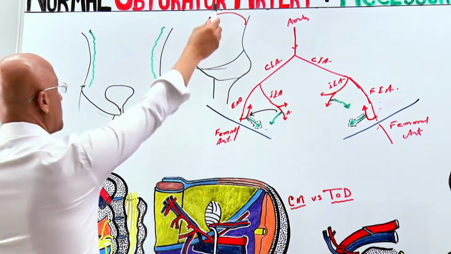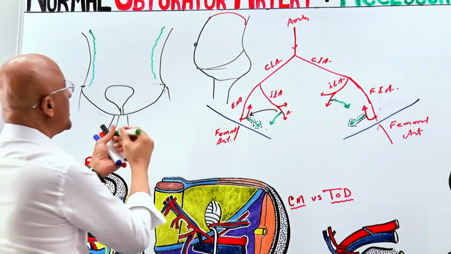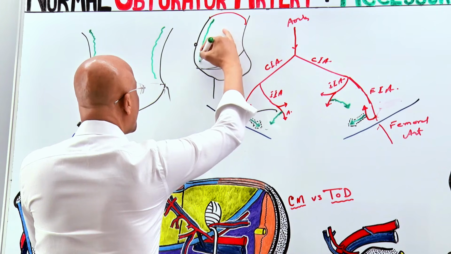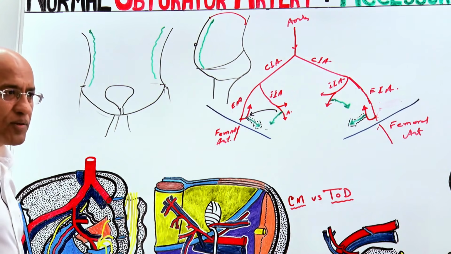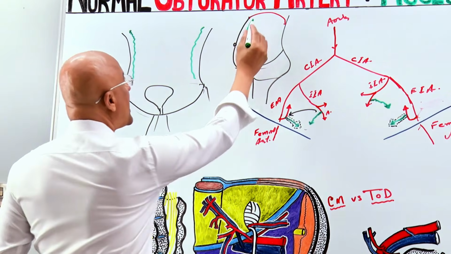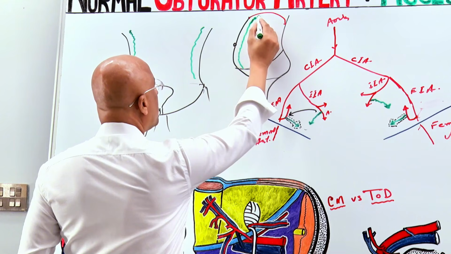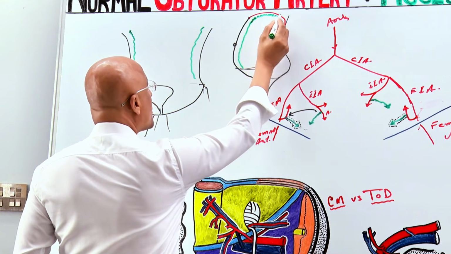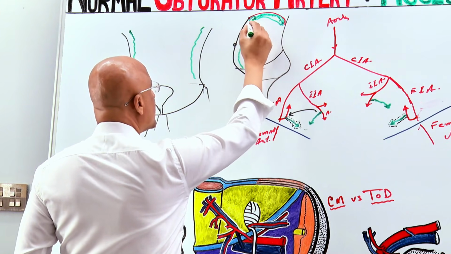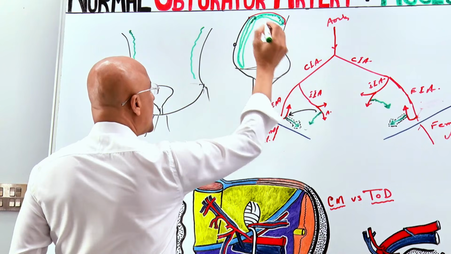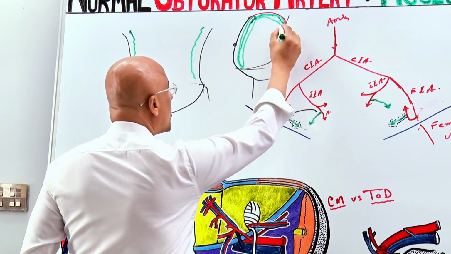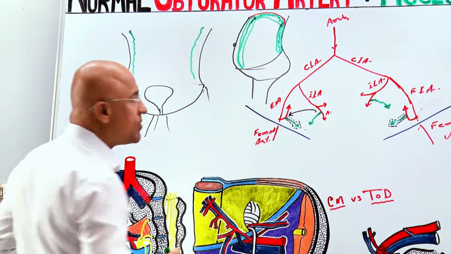Now what is this area, the deep fascia of the anterior abdominal wall? Fascia transversalis. And when it goes upward, it blends here. What is this fascia? Diaphragmatic fascia. This is diaphragmatic fascia, and this is transversalis fascia. And here, what is it? Iliolumbar fascia. Right?